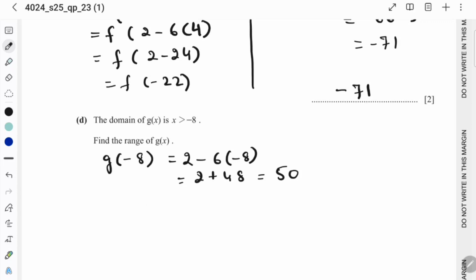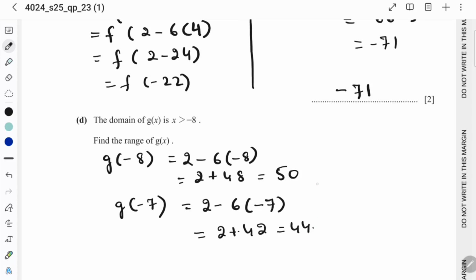Now we just have to check a value which is greater than minus 8. So we are checking minus 7, to see whether the value is increasing or decreasing. That is 2 minus 6 times minus 7. 6 sevens are 42, plus 2, that is 44. So if we try numbers greater than minus 8, the value decreases from 50 to 44, and then gradually the values will keep decreasing.